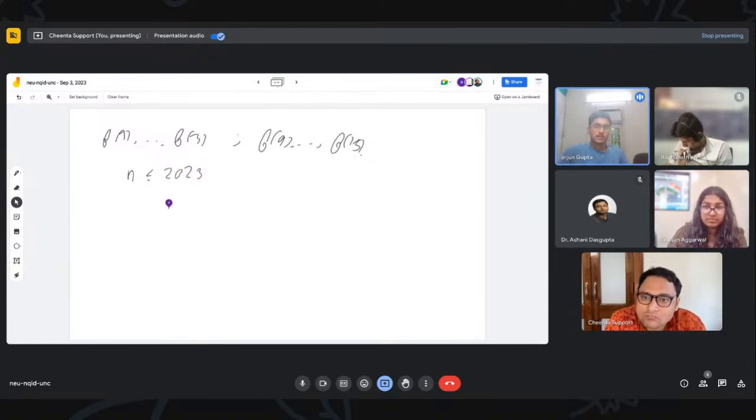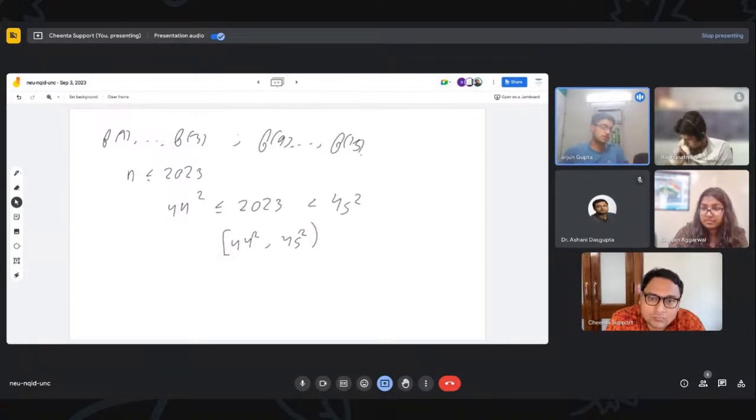It is quite easy to see that in the range 44 squared to 45 squared, all the values of f are even. So we can ignore this range, and we just have to look at the numbers up to 44 squared.